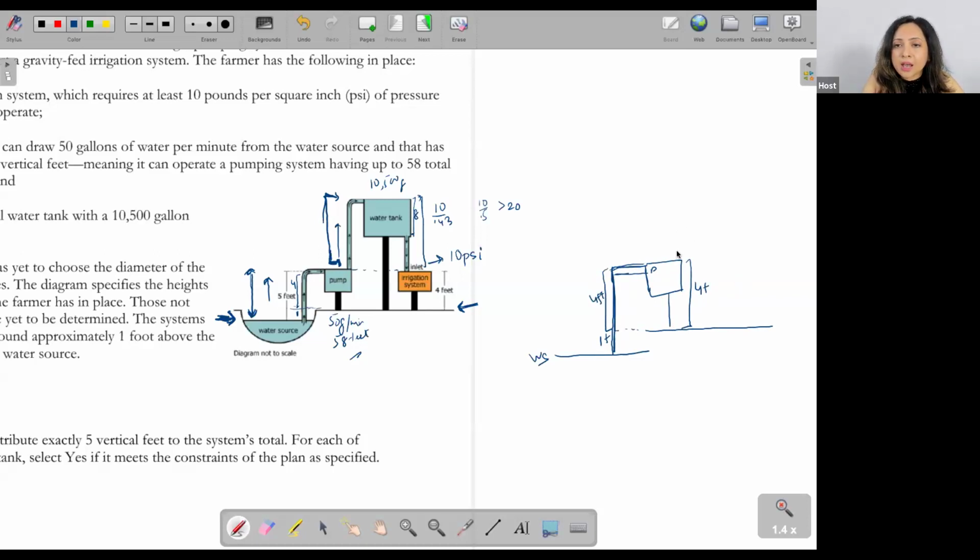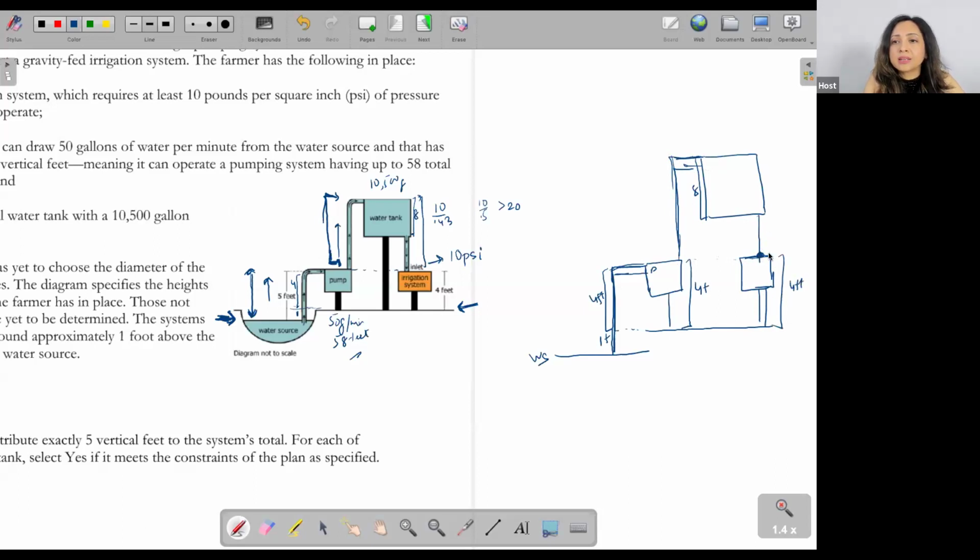And then I have my water tank over here, and the height of the water tank is 8. So just this height is 8. Of course, it's till the top. And I have my irrigation system. Irrigation system is in line with the pump. So here is my irrigation system. And the irrigation system is also 4 feet above the ground. So here, basically over here.